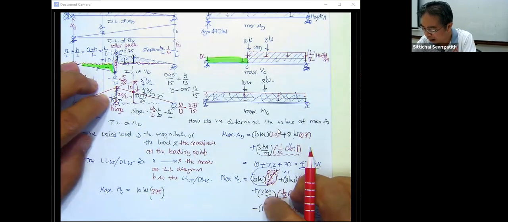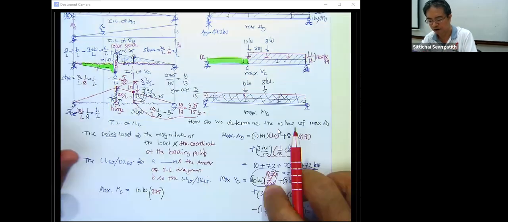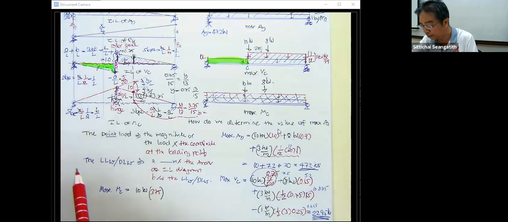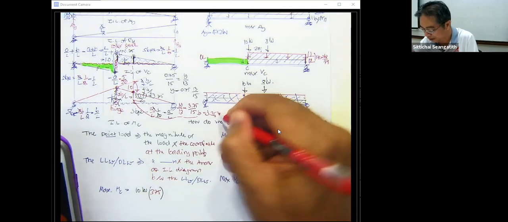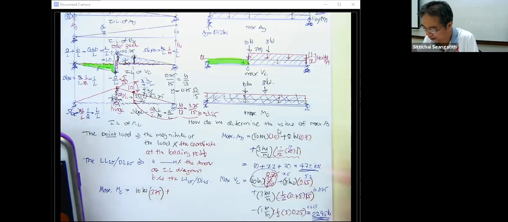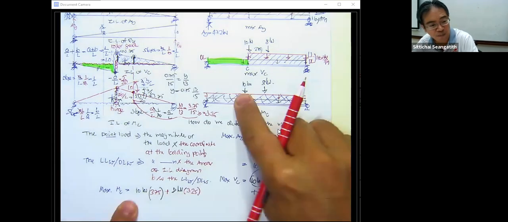So the y here is going to be 3.75 times 13 divided by 15. That's 3.25. That is going to be plus 8 kilonewton times 3.25. Okay, that's for the point load.